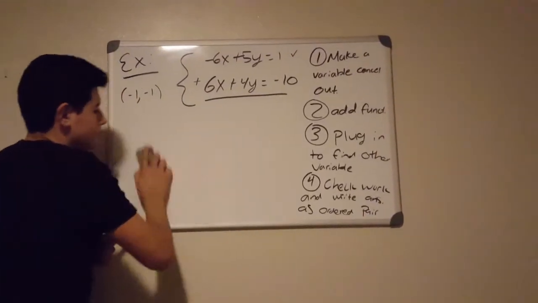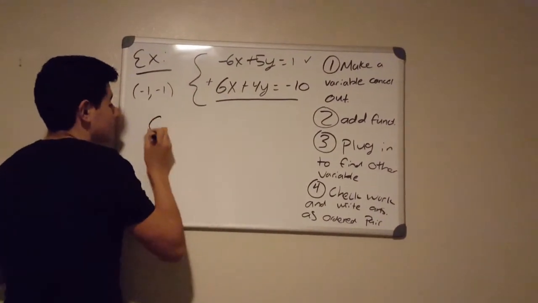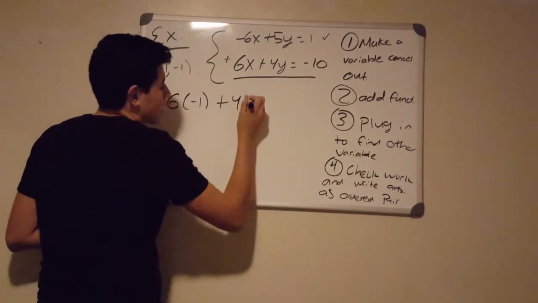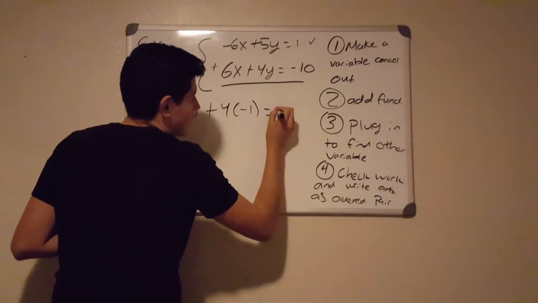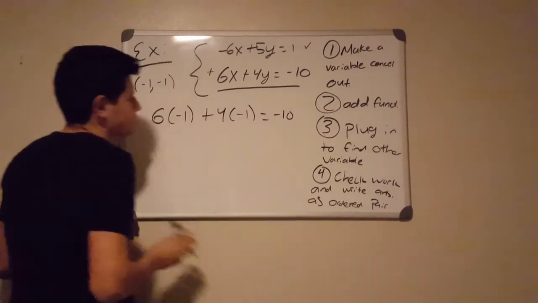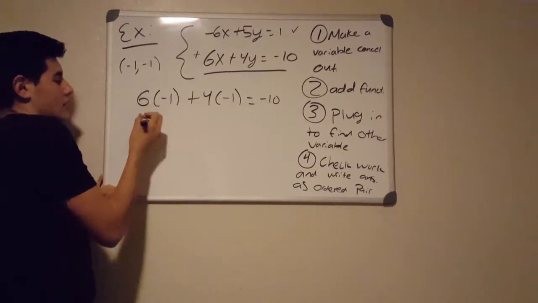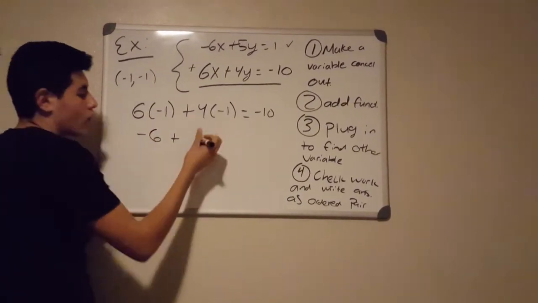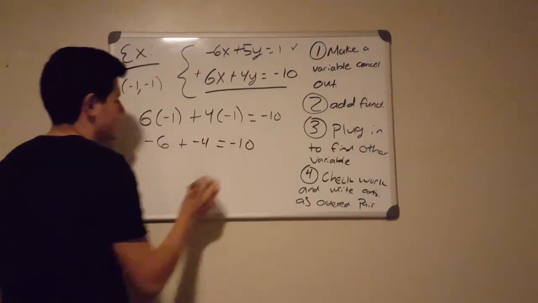Now we'll solve for the second one. So we have positive 6 times x, which is negative 1, plus 4 times y, which is also negative 1, is equal to negative 10. 6 times negative 1 is negative 6, plus 4 times negative 1, negative 4, which is equal to negative 10.